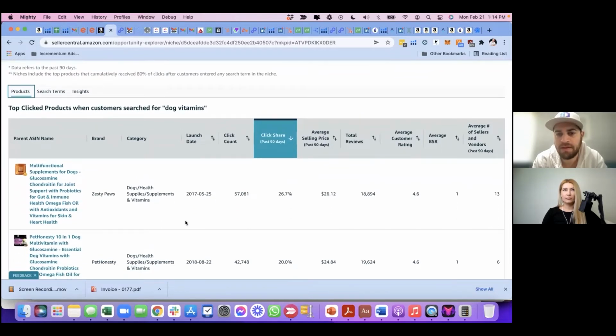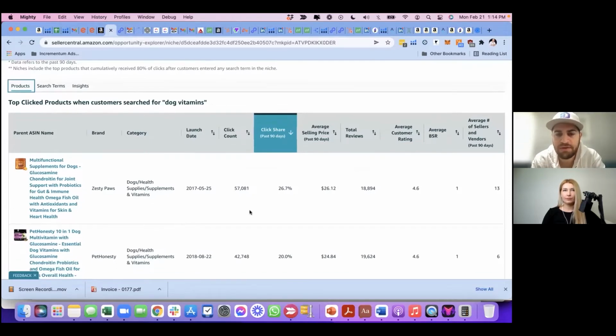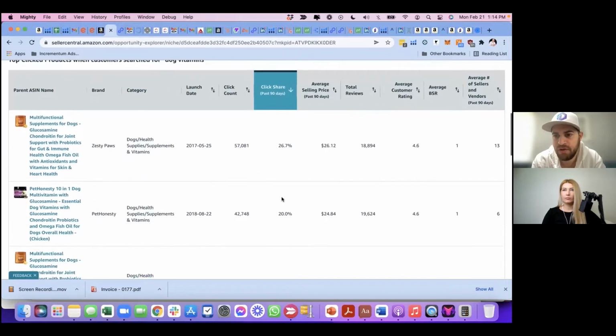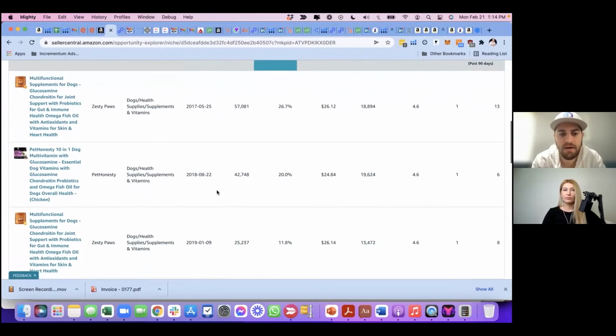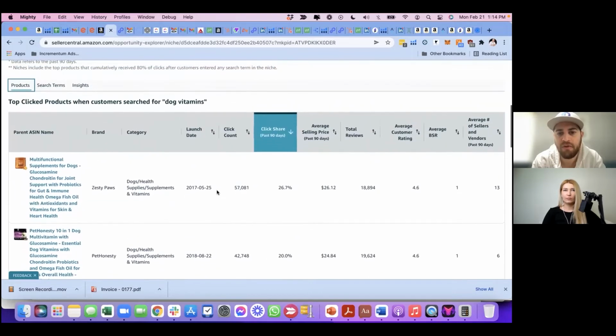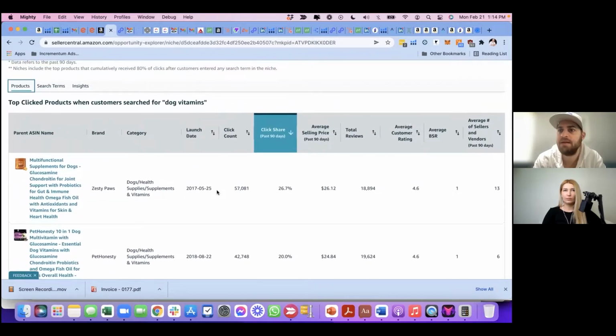From what we looked at last time, they have about 45% of the market share, and I also see a particular click share that they have in a particular product. So I can go on a product level, but I can also go on a brand level. I also see the amount of reviews that they have, their average customer rating, and the average BSR. So this is helpful to understand where you are as a brand and how much potential you have to come in and gain additional market share.